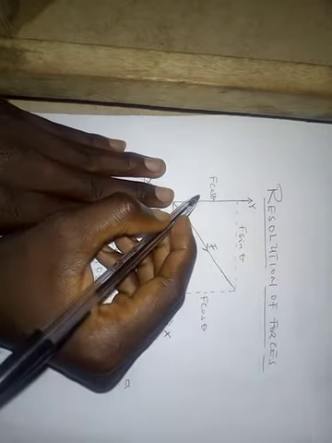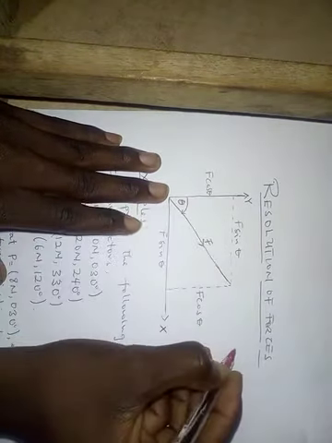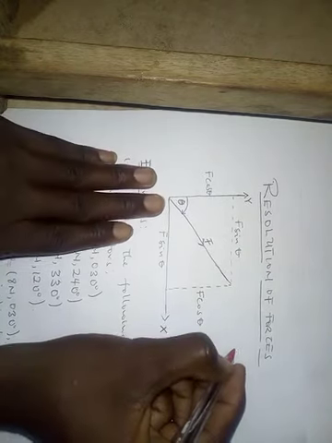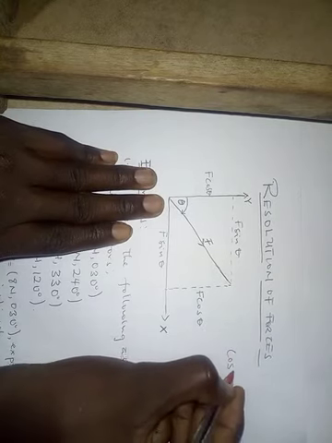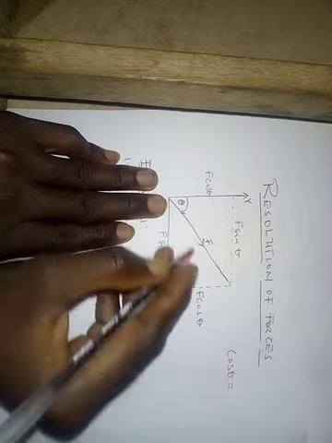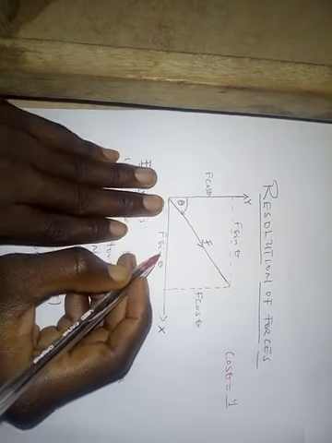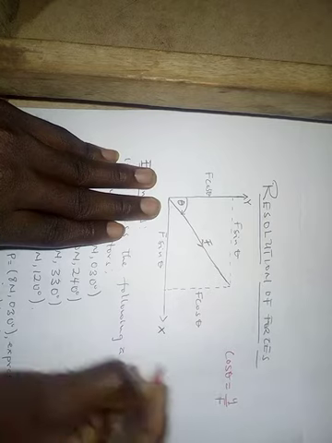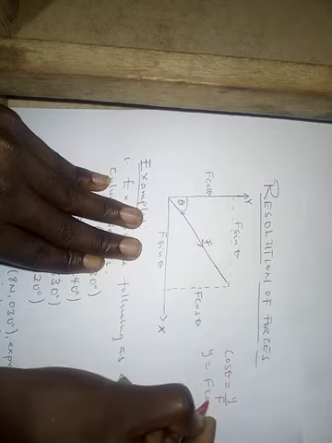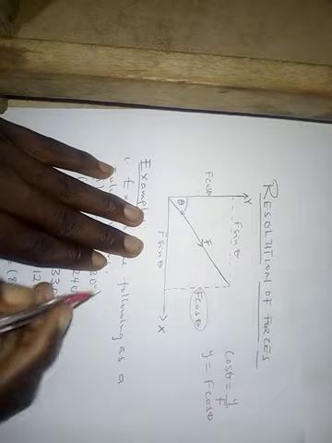If we have the adjacent here, then we can use the trig function, which is the cosine. Cos theta is equal to adjacent over hypotenuse. That means y over the hypotenuse, which is F. So in solving, y will be equal to F cos theta, which is represented here, F cos theta.